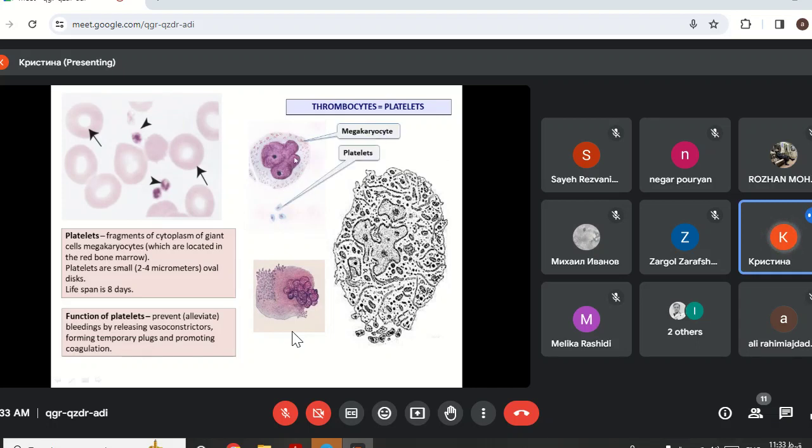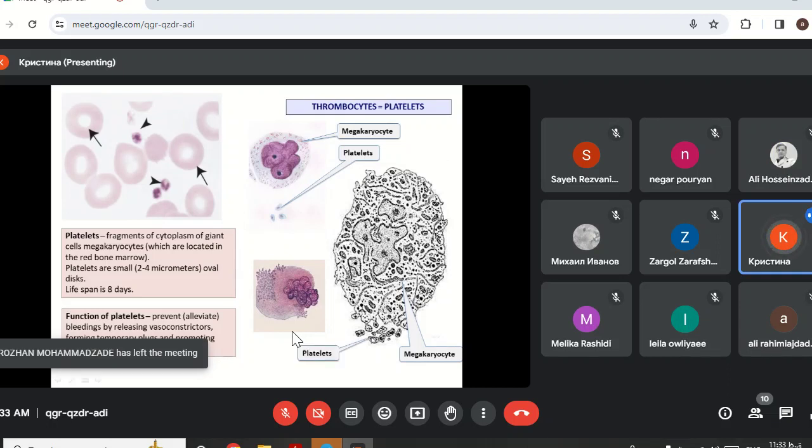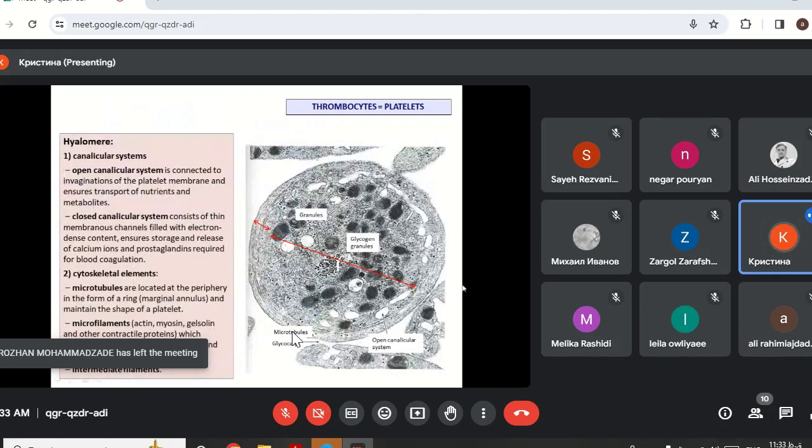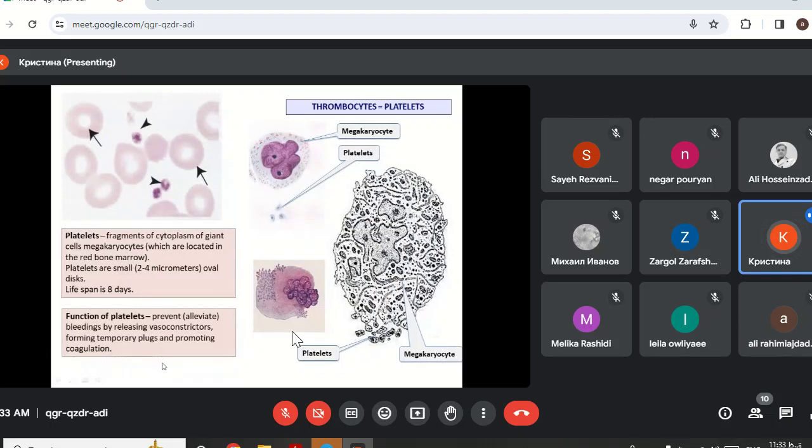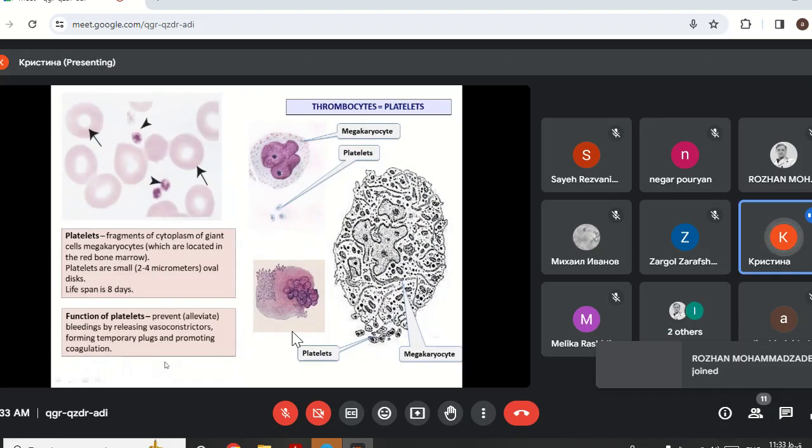Another example here, and platelets are here. Function of platelets: they prevent bleeding by releasing vasoconstrictors, forming temporary plugs, and promoting blood coagulation.